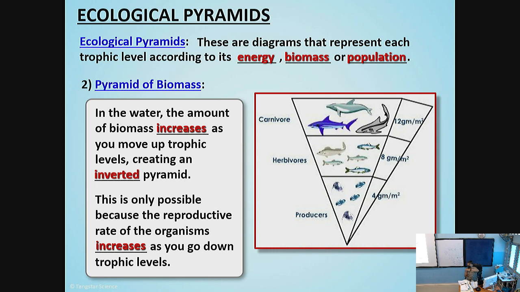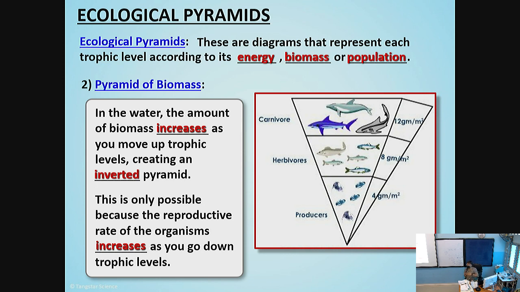The answer is 100. Third, 10. Then 1. Okay, very good. That is pyramid of energy.